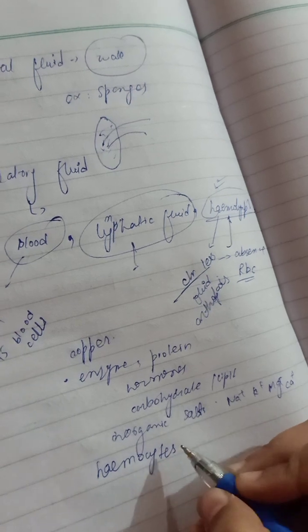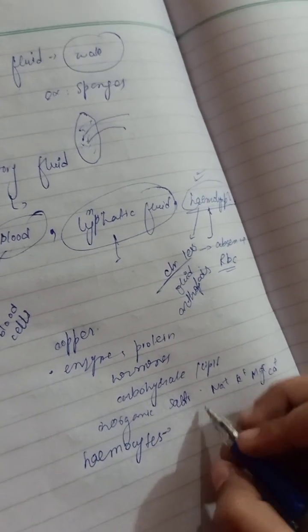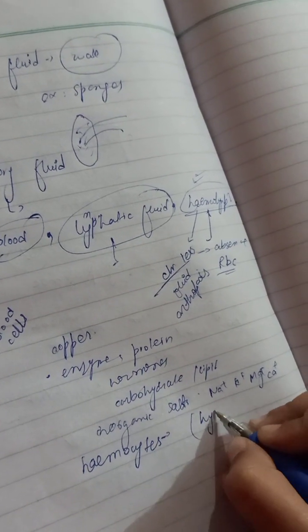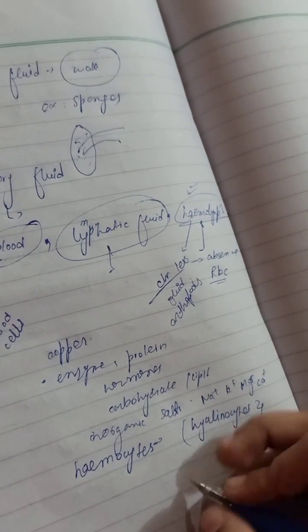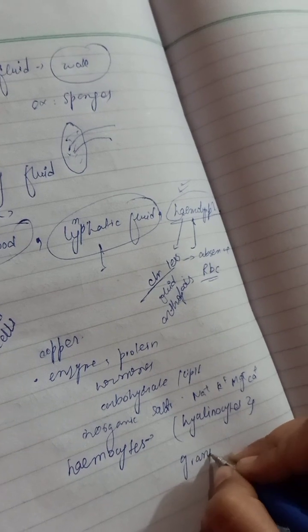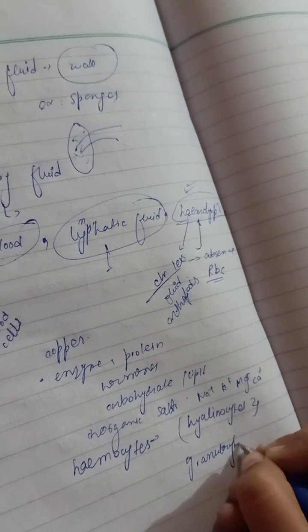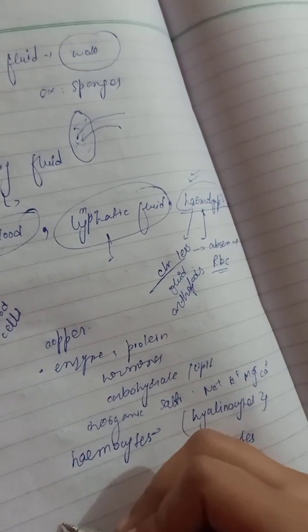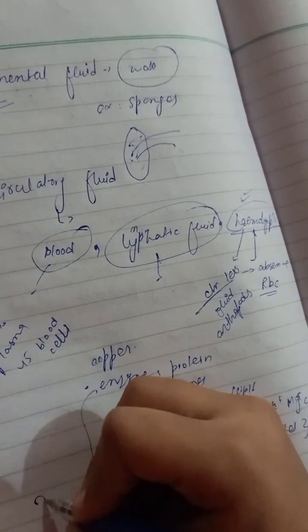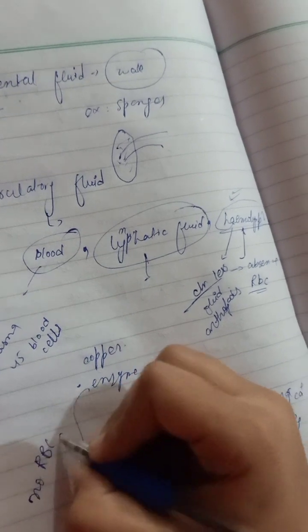What are hemocytes? These are the cells of the hemolymph, such as granulocytes. They are like WBCs, white blood cells. In terms of composition, there is no RBC and no hemoglobin.